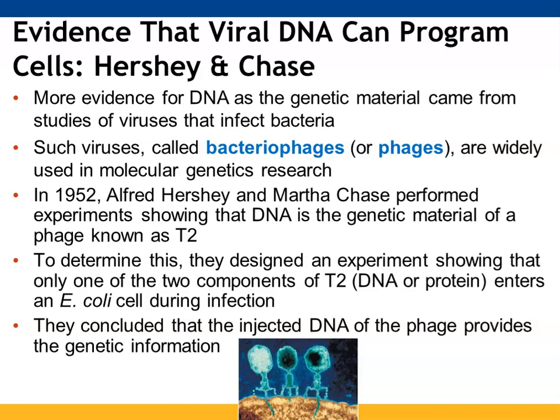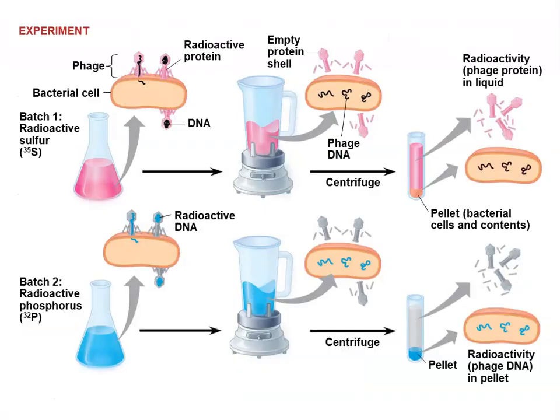They did some experiments to determine that DNA was the genetic material of T2. Viruses have both a nucleic acid and a protein, and so they determined which of those components was entering the E. coli cell, and they determined it was the DNA inside of it as opposed to the protein that was entering and therefore passing on that genetic information.